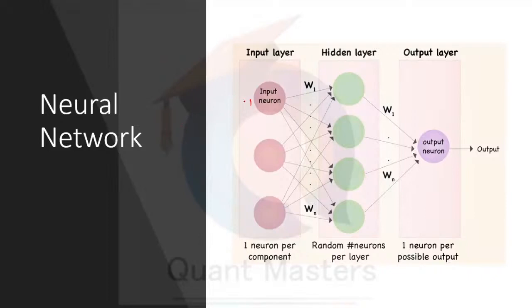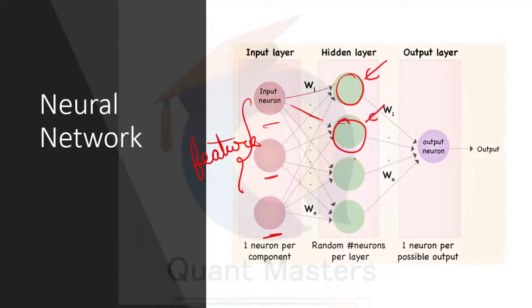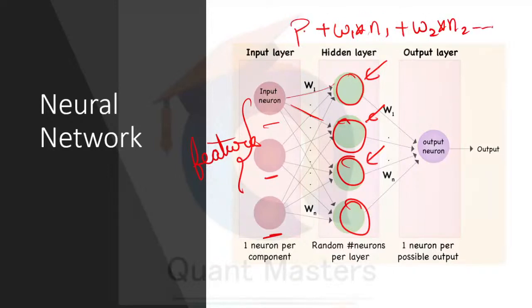In the input layer, each value or each feature is specified as a neuron, and each input neuron is transferred as input to every single neuron in the hidden layer. In the hidden layer, it uses a linear formula like weight 1 into neuron 1 plus weight 2 into neuron 2 and so on with a constant, and it will give a value saying whether the neuron is firing up or not. Based on certain neurons firing up, we get to see the output.